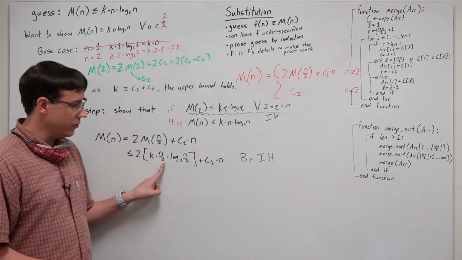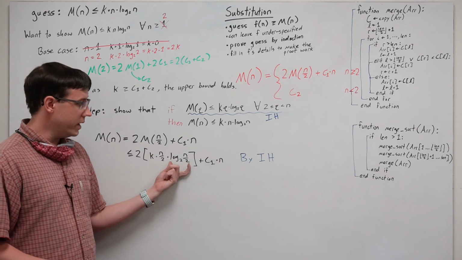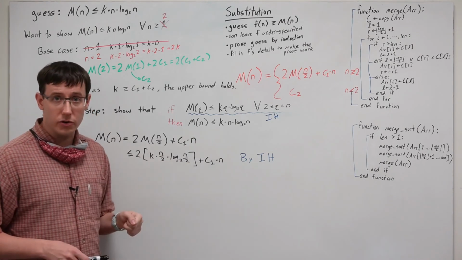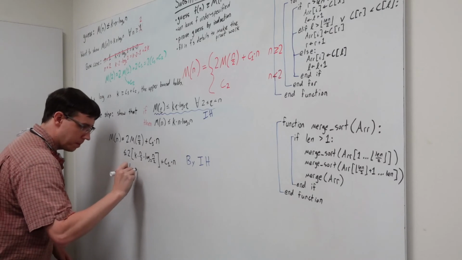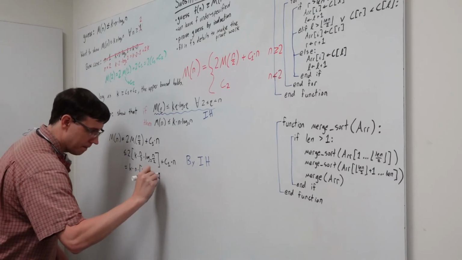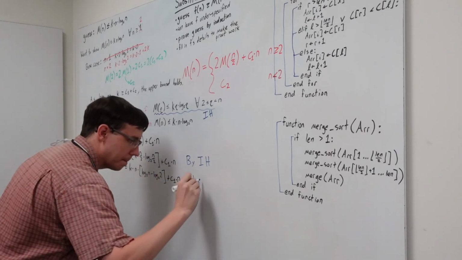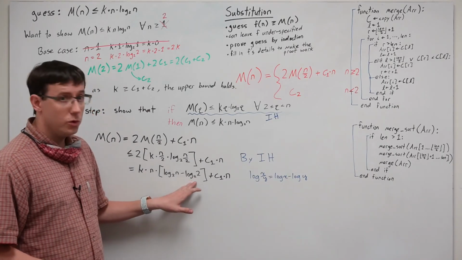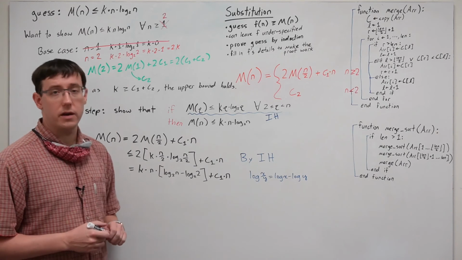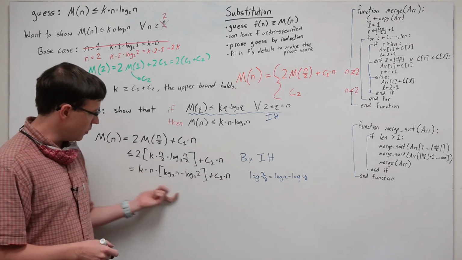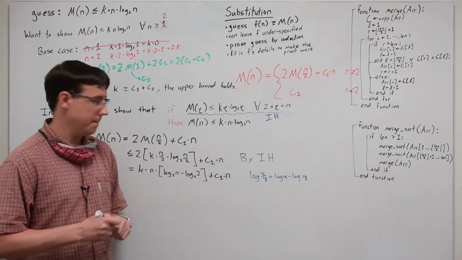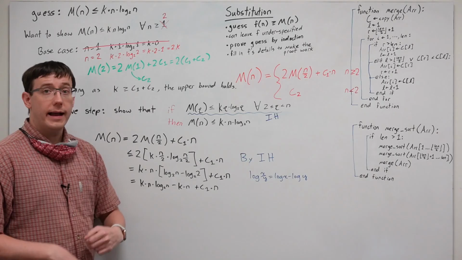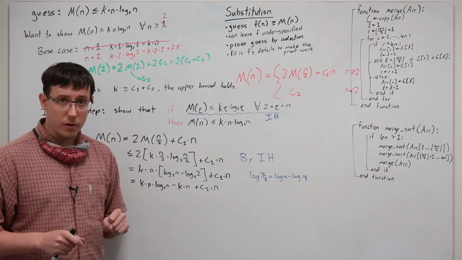We can cancel the 2's, and we can use log rules to split up log of n over 2. And since log base 2 of 2 is 1, we can simplify and distribute the k times n. And now we can group up the linear terms.